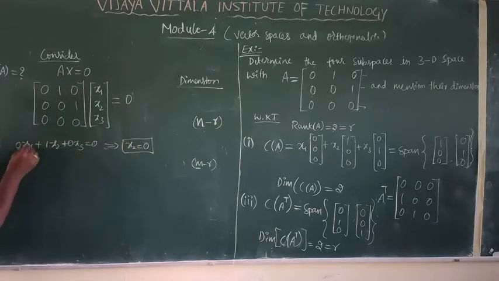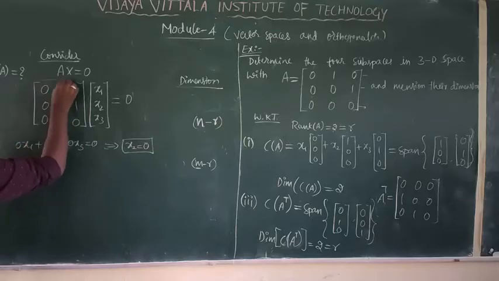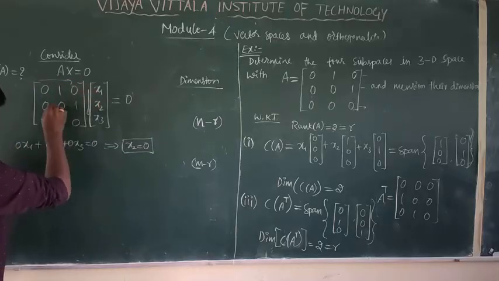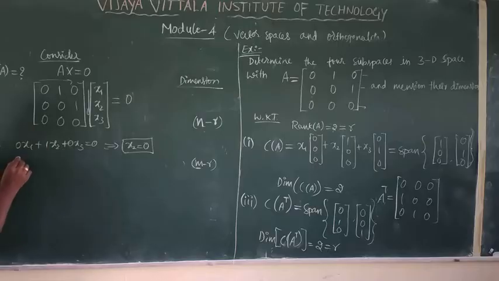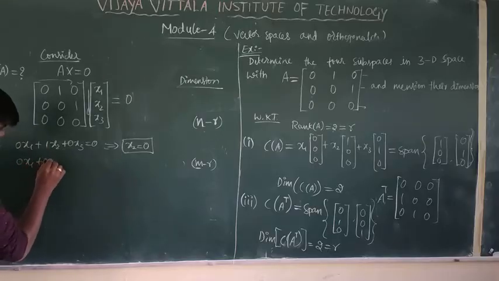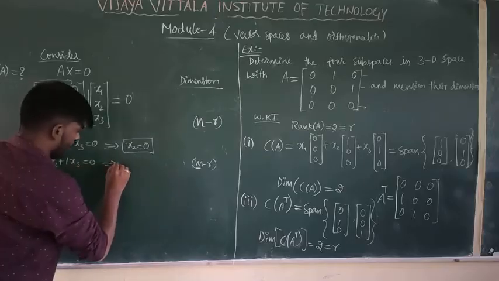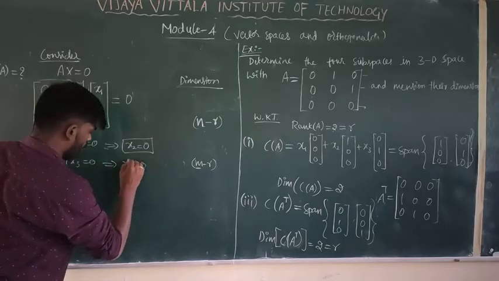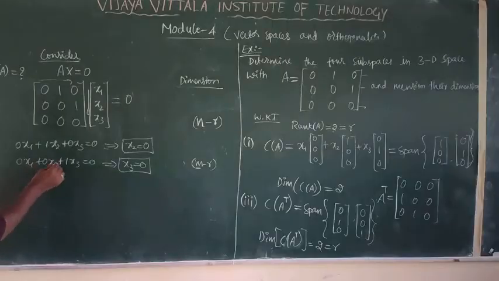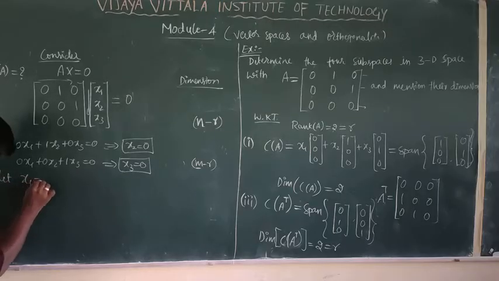Therefore, x2 is equal to 0. From the second row, 0x1 plus 0x2 plus 1x3, which gives x3 is equal to 0. Then let x1 be some scalar, some quantity k.